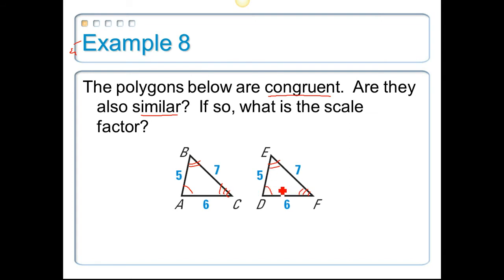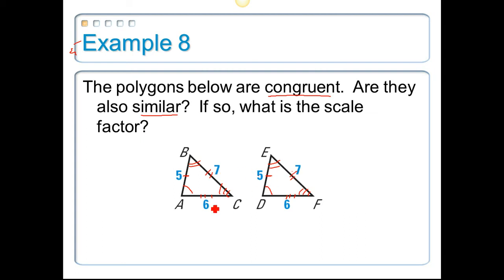The only thing we have to do differently between congruency: congruency says 5 has to be the same as 5, and 7 has to be the same as 7, and 6 has to be the same as 6. That's what congruency says. But similarity says if you make a fraction, it should be proportional, or the same number, or the same scale factor.